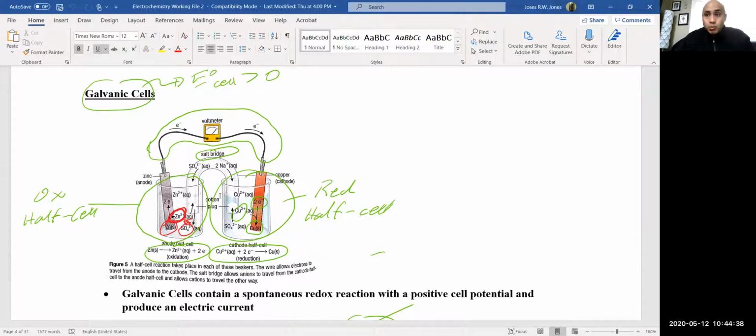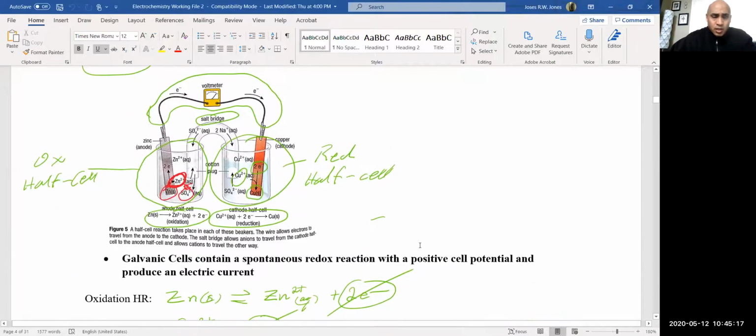As long as you have moving charge, whether it's moving charged electrons or moving charged ions, big or small, that is by definition electricity. So you have a salt solution, a medium that allows electricity to flow through it, versus above that, a wire which allows electrons to flow from metal atom to metal atom directly. And then you have a complete circuit, a series circuit, connecting all components within this one galvanic cell, with those electrons being energized going from one cell to the other.